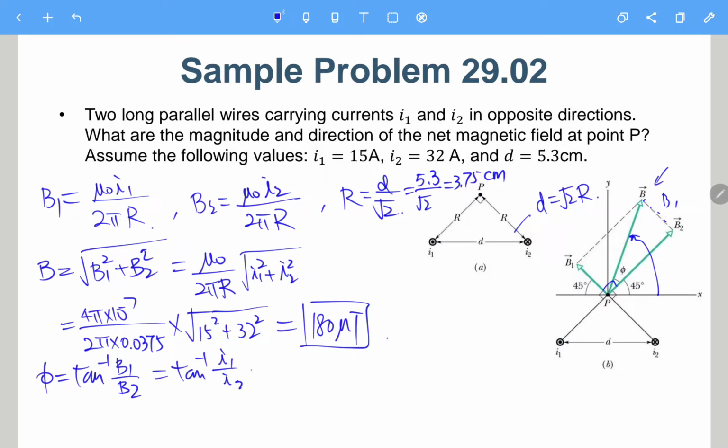Which is arctangent of 15 over 32, which is 25.1 degrees. So θ, from the positive x-axis to the B field, is 25.1 plus 45 degrees, which is 70.1 degrees.